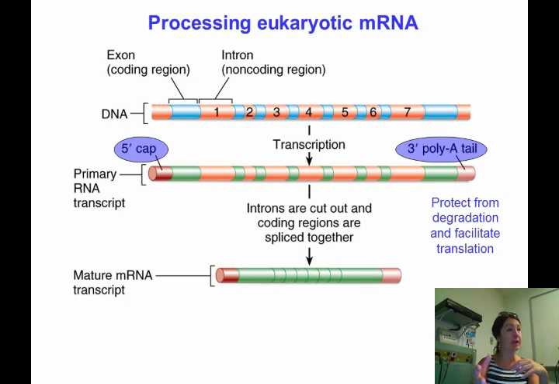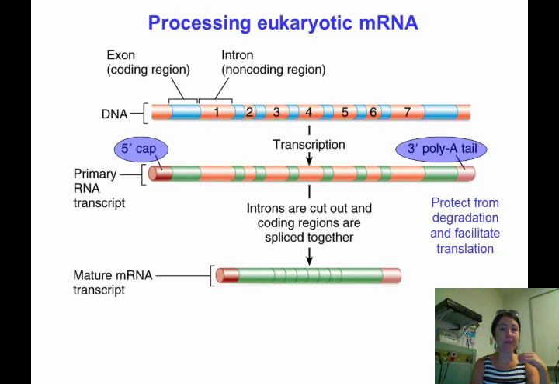But in eukaryotes, which would be your plants, your animals, your fungi, and some of the protists, we've got these genes, and we're going to be looking at how the mRNA is used to read these genes.